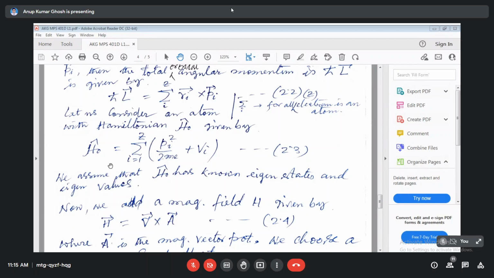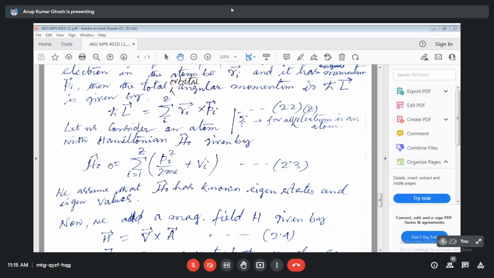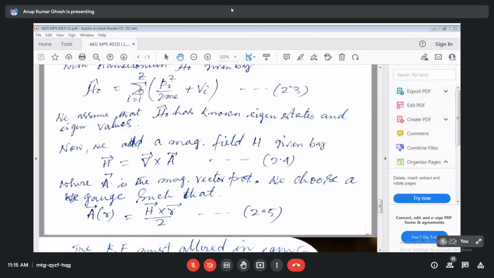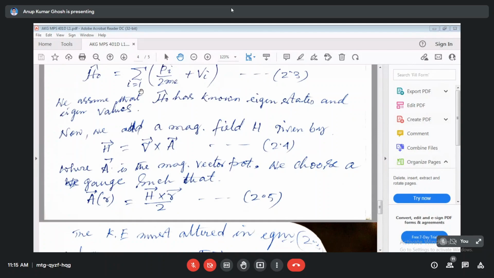Now we place this atom in a magnetic field, represented by del cross A, where A is the gauge given by H cross R divided by 2.